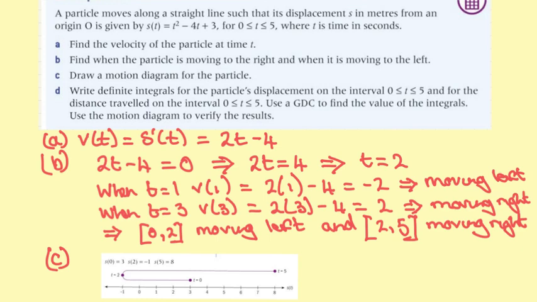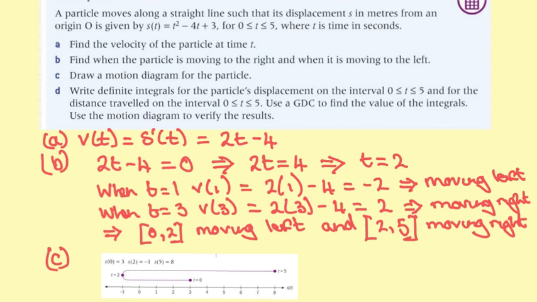That means it is 3 meters to the right of the origin. When t is 2, s is minus 1. That means it is 1 meter to the left of the origin. And when t is 5, the distance is 8, which means it is 8 meters to the right of the origin. We could draw this on a diagram as shown.